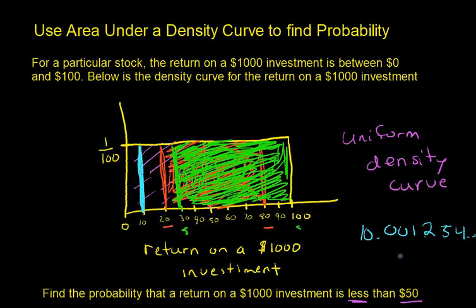The probability that it's ever going to land exactly on 10 is 0. Because there are so many different values that X could possibly be, the probability that it lands on any particular value is always 0.